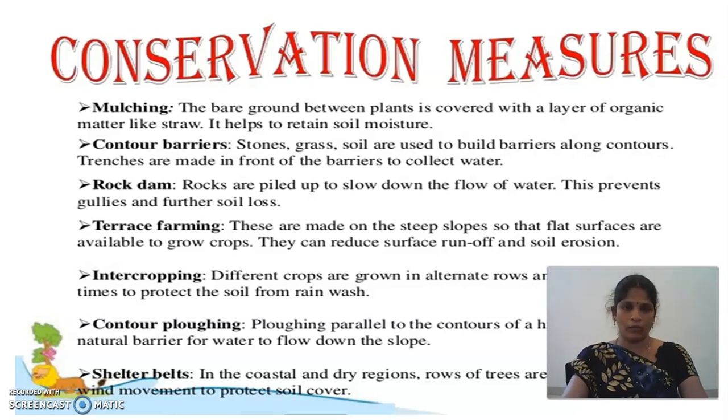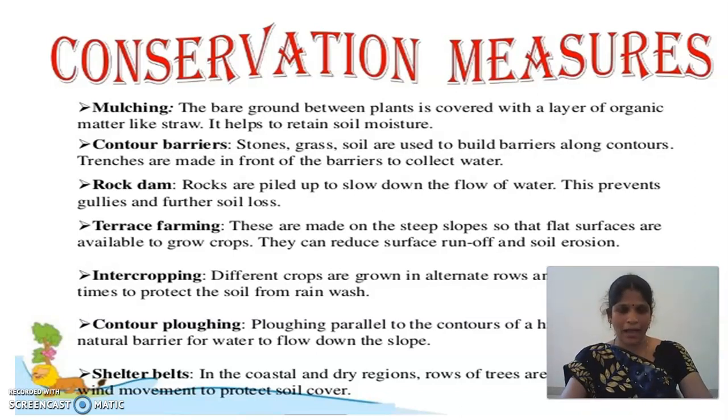Then contour ploughing. This is practiced in large places. Ploughing parallel to the contours of a hill slope forms a natural barrier for water to flow down the slope. Then shelter belts. This we can see in coastal areas such as mangrove forests. Mangrove forests in the coastal areas check the high speed of the waves.